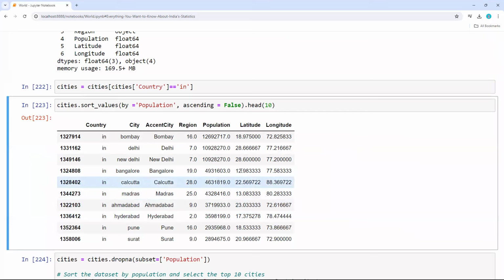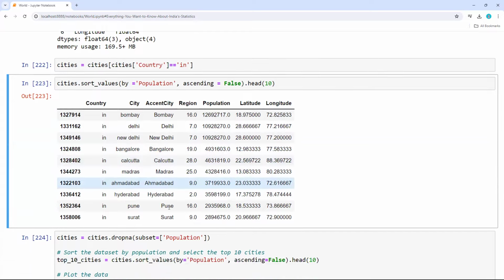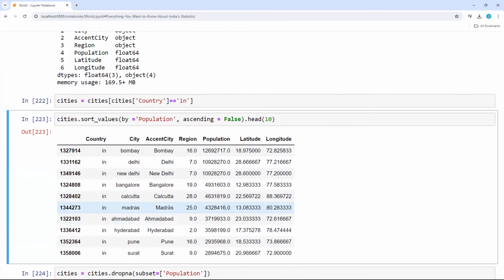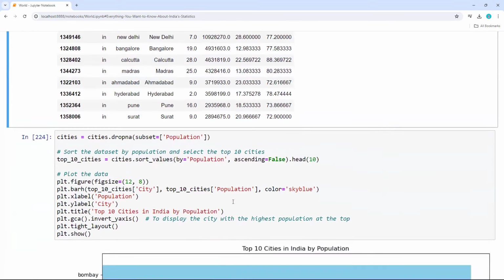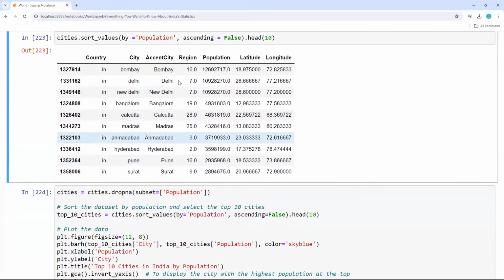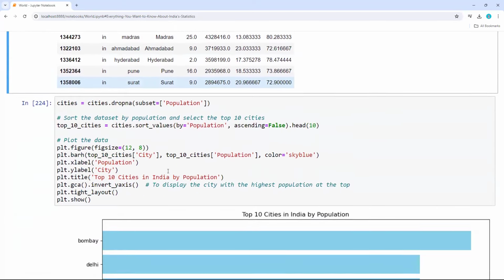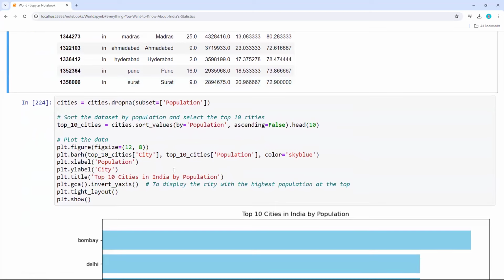As per the 2004 data, Bombay is the most populated area in India. If I look at the city-wise population, Bombay, Delhi, Bangalore, Calcutta, Madras, Ahmedabad, Hyderabad, these are all the most populated cities in India. This is how you can look at the population city-wise. And if I want to look at the graph of similar data, I can use a bar chart, so I just applied this syntax for the bar chart.